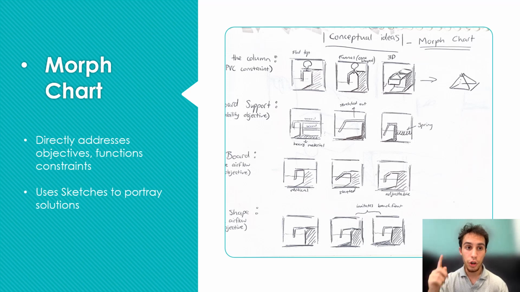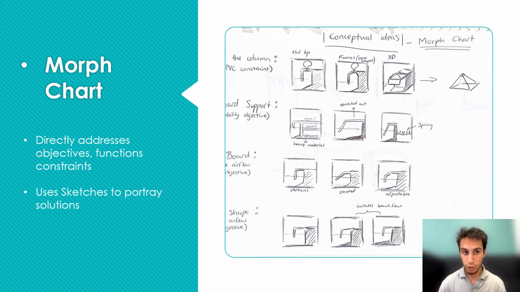As you can see from the first line as an example, the issue addressed was how the top of the column might look, considering the constraint is that it must contain a compartment in which the PVC or one-way valve will be implemented.